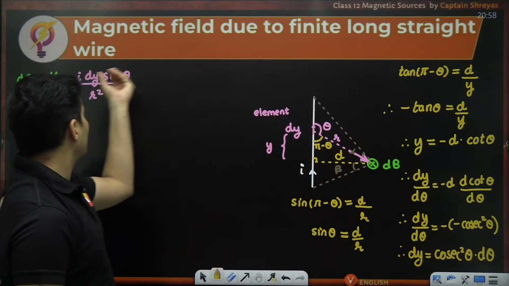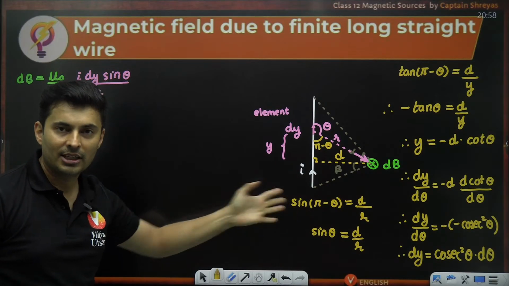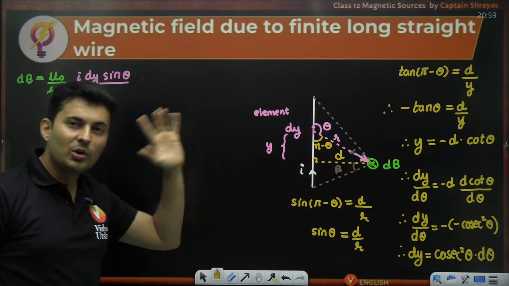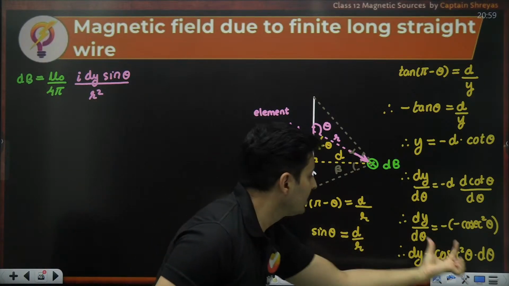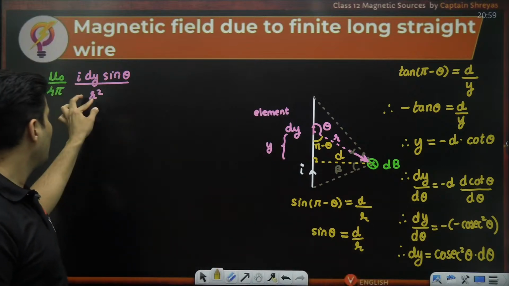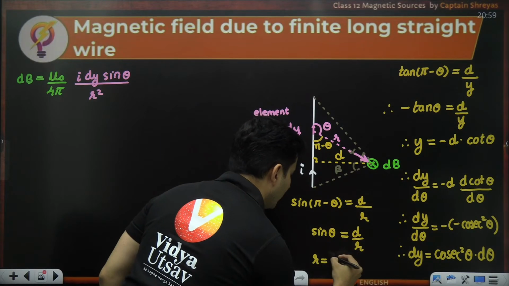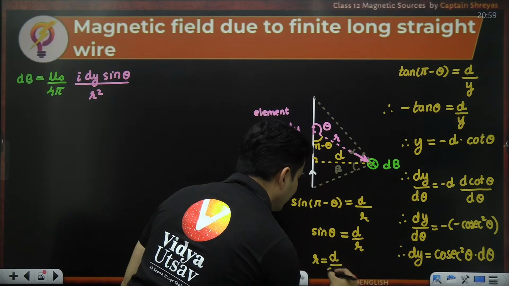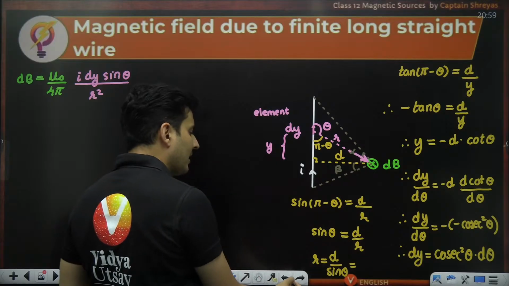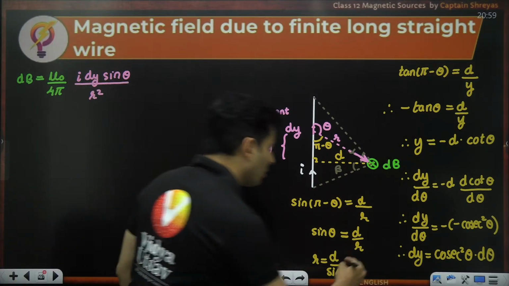So what happens when you substitute dy? When you write r also in terms of theta, it will become a trigonometric integration. Are you seeing that already? If I substitute over here dy as cosec square theta d theta, r is nothing but d by sine theta, which is nothing but d cosec theta.